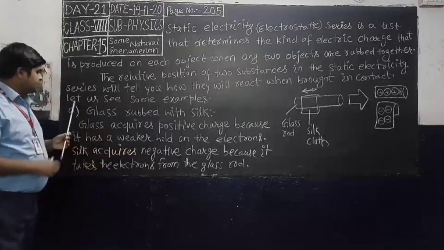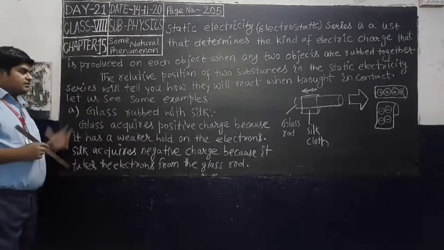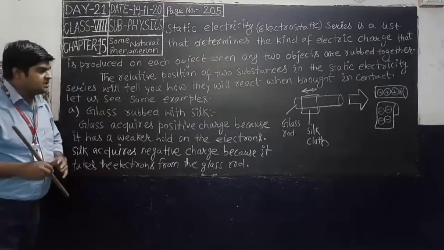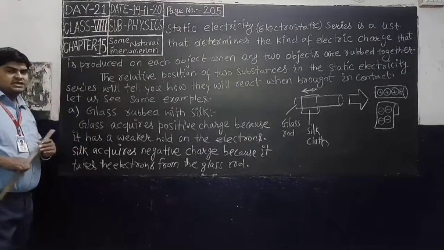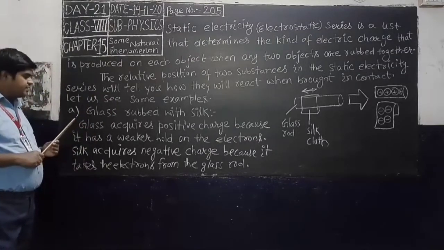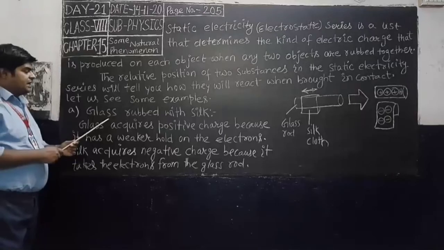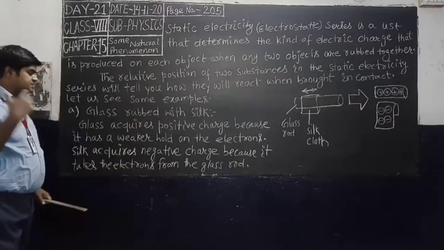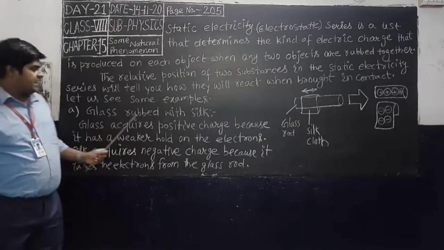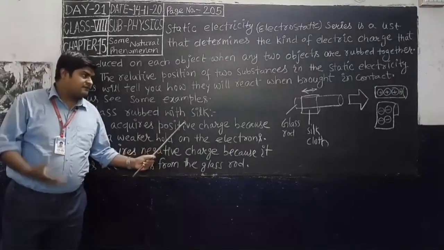Let us see some examples. Now try to understand which is positively charged and why. Example A: glass rubbed with silk. When you rub glass with silk, what will happen?